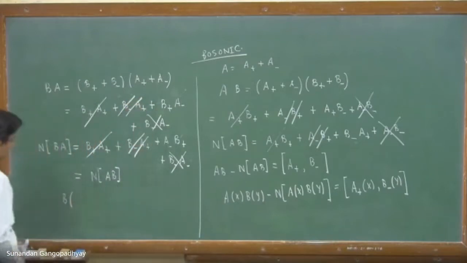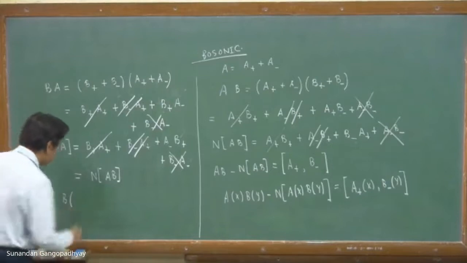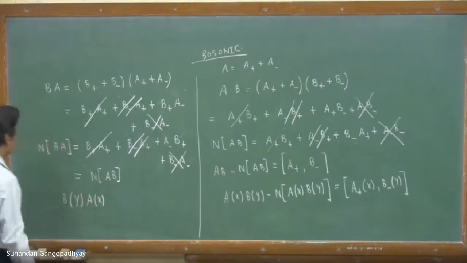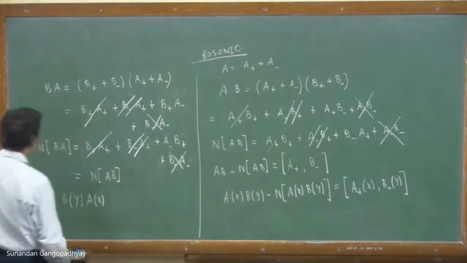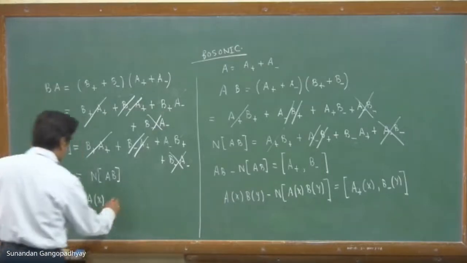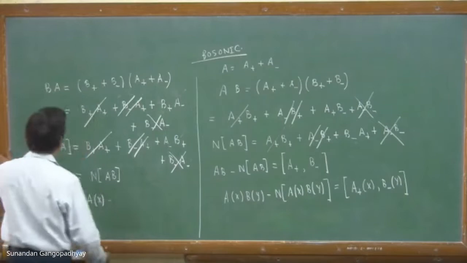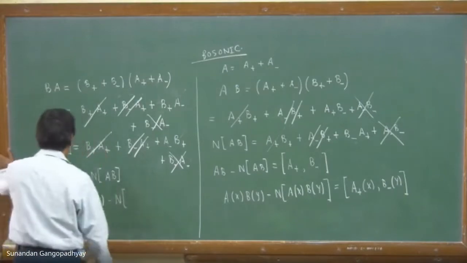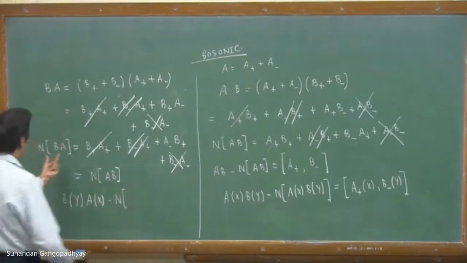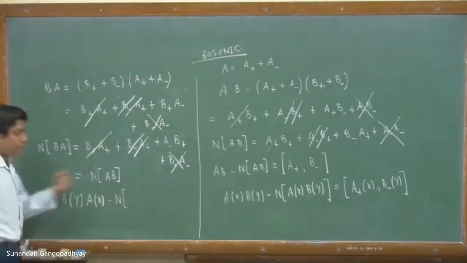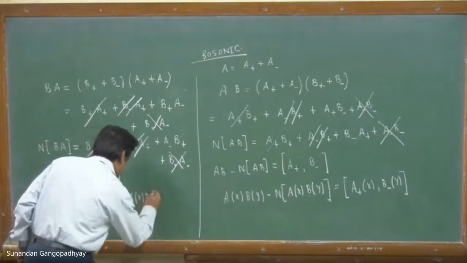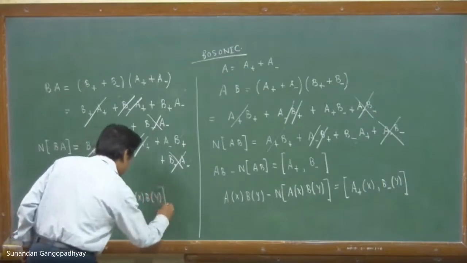If you just put in arguments, then this will be By Ax minus normal order of, since normal order of BA is the same as normal order of AB, therefore this is just Ax By. And write as you wish. You can also write normal order of By Ax because both are same.